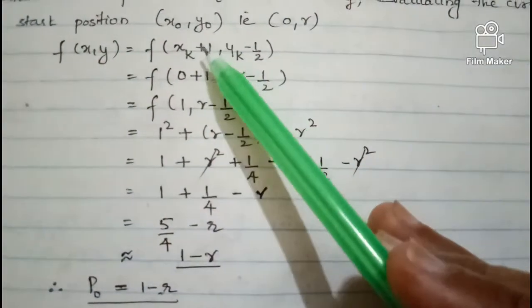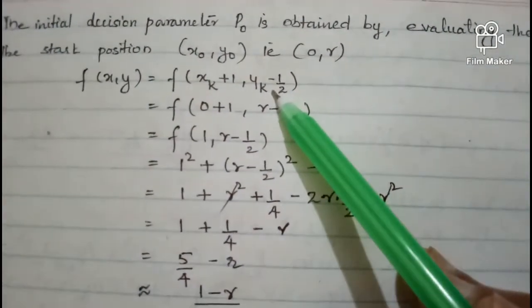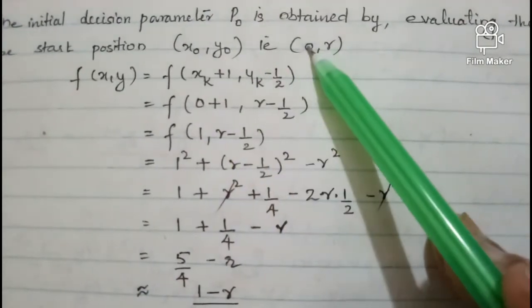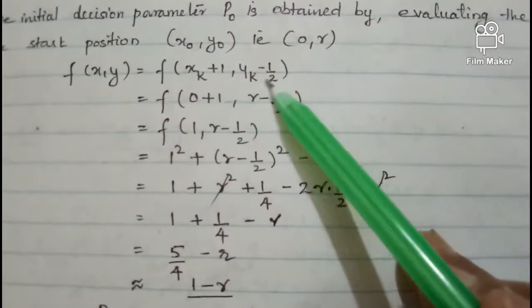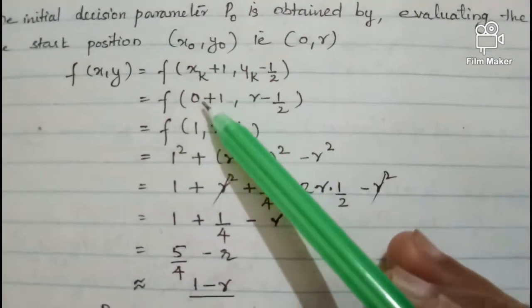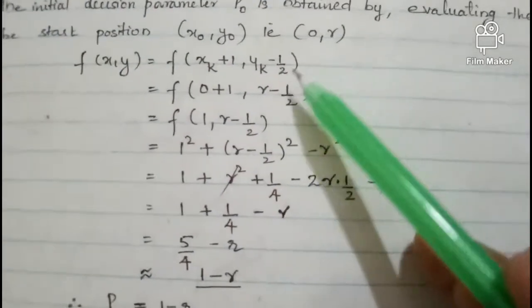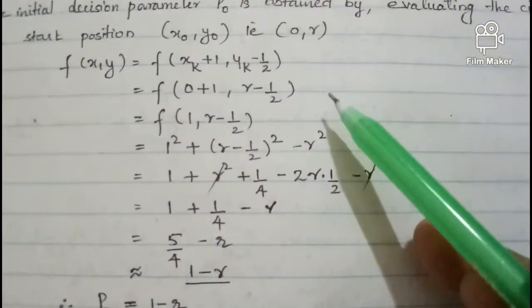So x is taken as xk plus 1 and y is taken as yk minus half. In this equation, when the value of x becomes 0 and value of y becomes r, the equation can be written as f of 0 plus 1 comma r minus half, which is f of 1 comma r minus half.